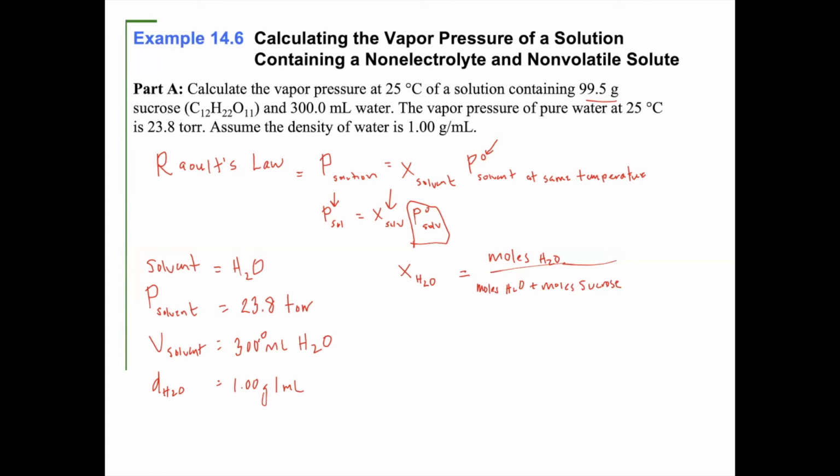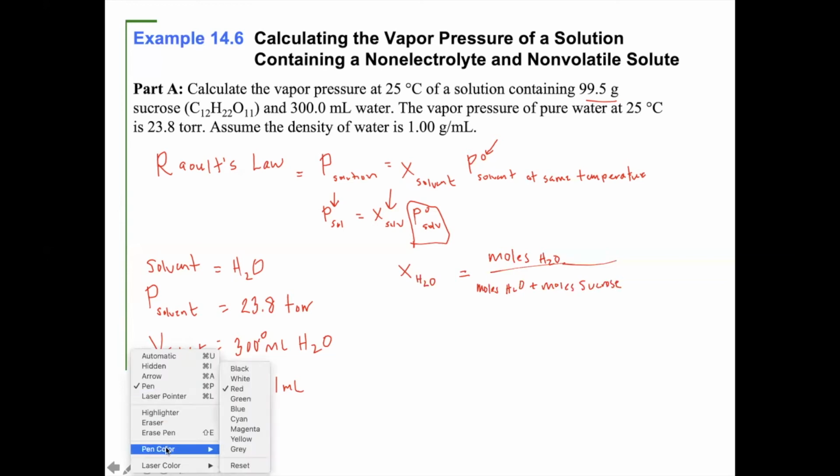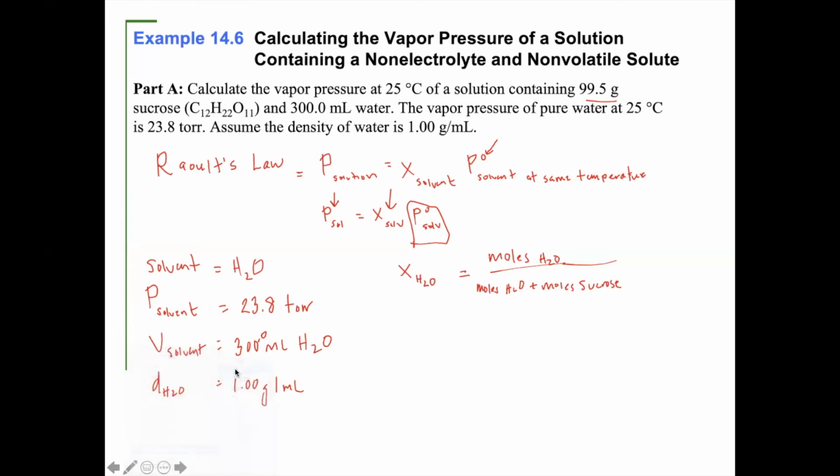Maybe I'll use a different color pen here. So here we've got 99.5 grams of sucrose. Let's convert that to moles.